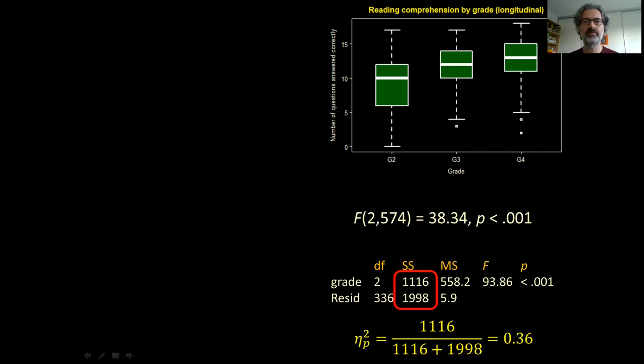Remember, in the paired samples t-test, we subtracted the two scores, created one difference score, and then we used that in a one sample t-test actually. So the relevant metric there was the difference, not the scores themselves.